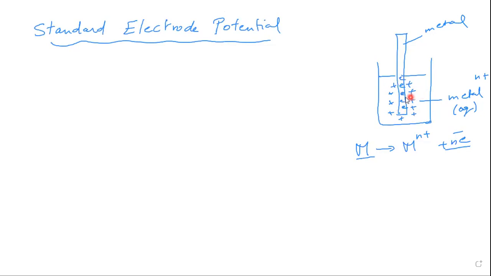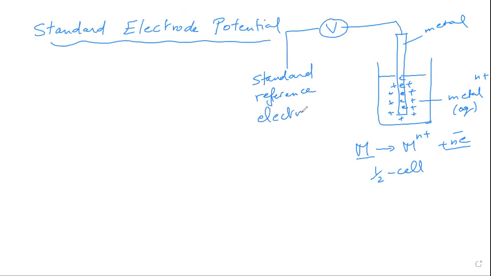And we said that we cannot measure this potential difference except if we connect this, which we call a half cell or an electrode cell, to another standard reference electrode, which we call the hydrogen electrode, in order to measure the potential difference between the positive ions and the electrons built up at the metal, metal ion interface.